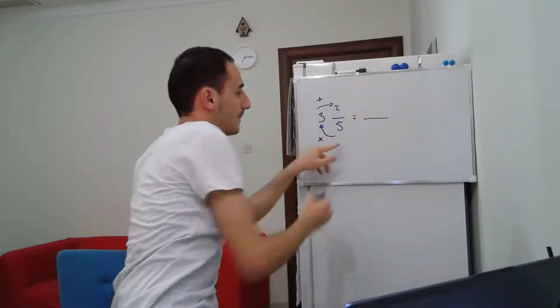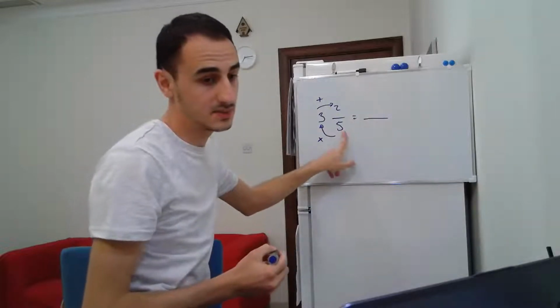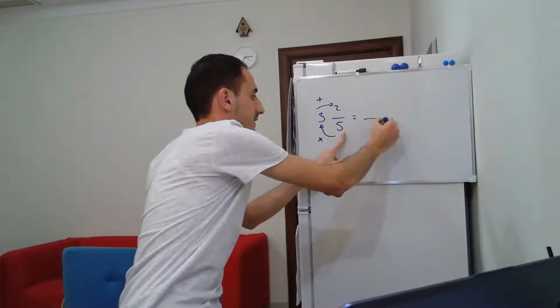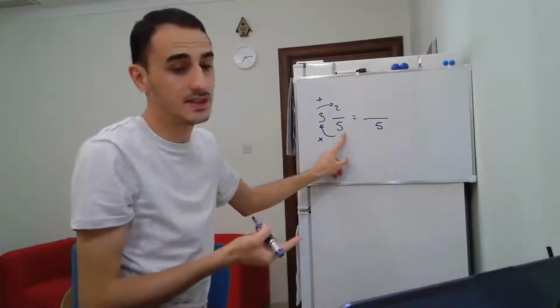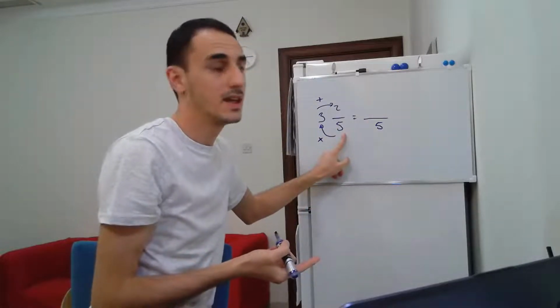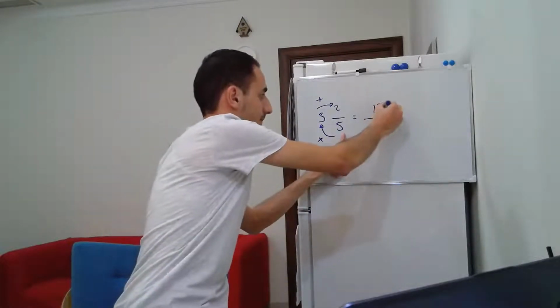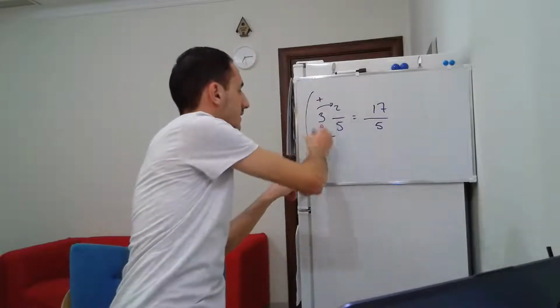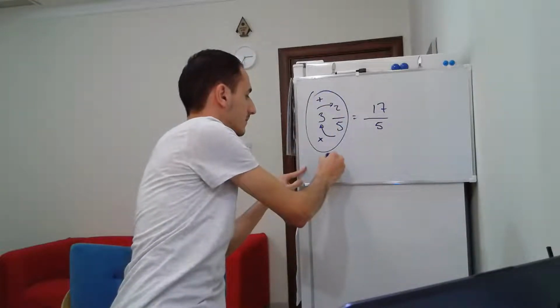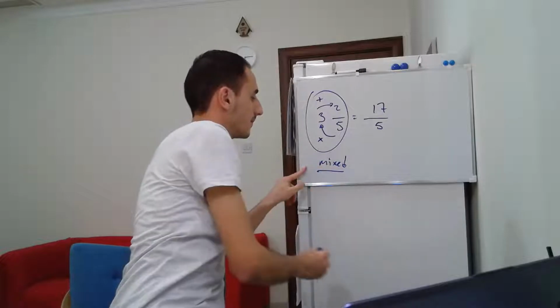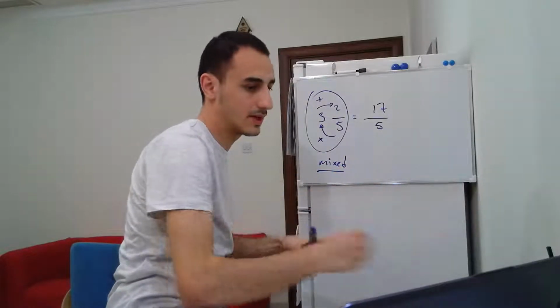We keep the bottom number the same. 5 is there. 5 times 3 is 15, and 15 plus 2 is 17. So this is the mixed number. This is the improper fraction.